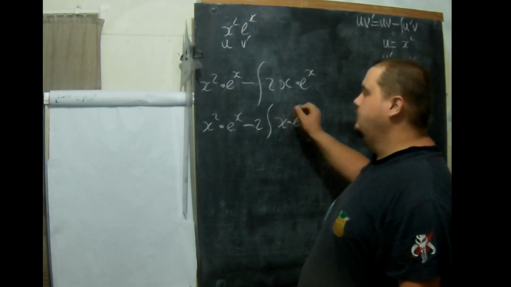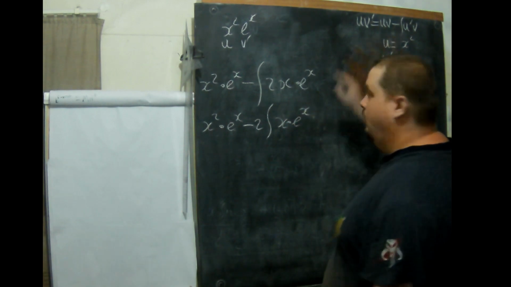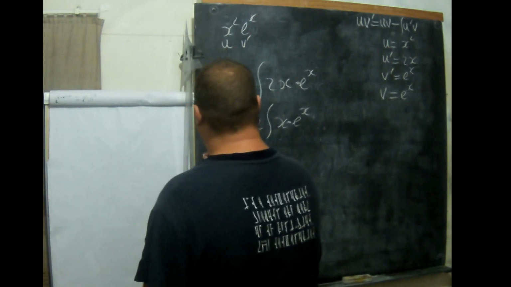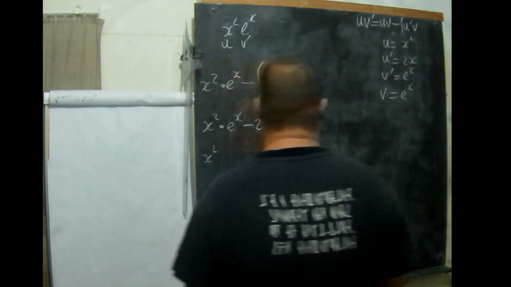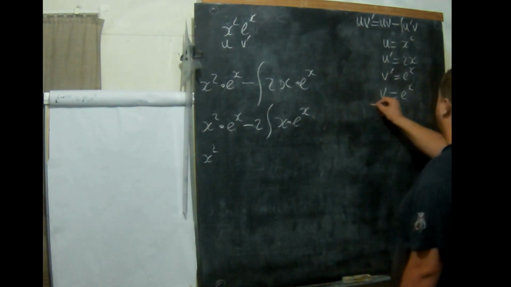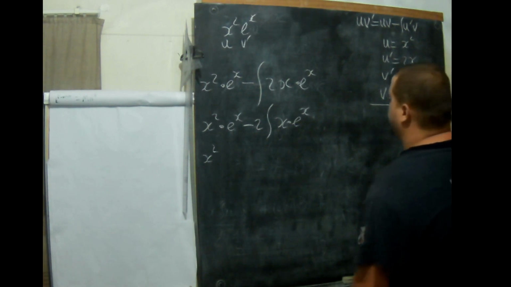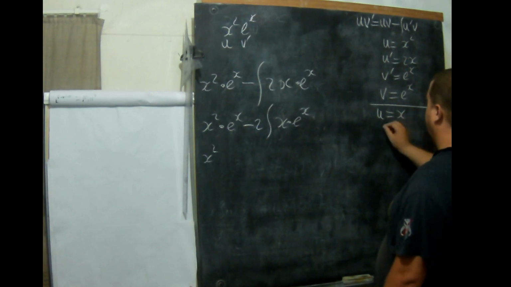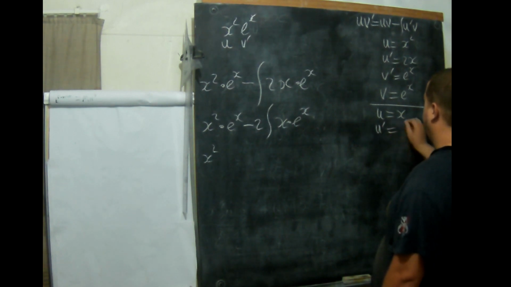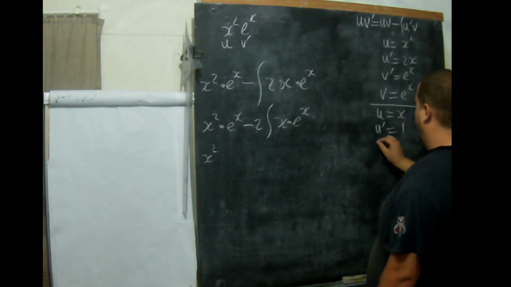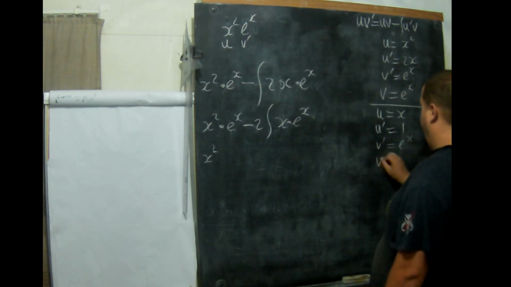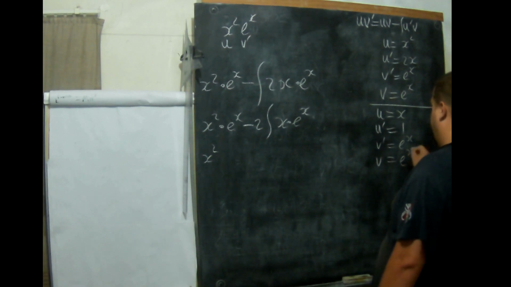So we need to do our formula all over again. But first, let's go here. This will be u equals x, u prime equals 1, v prime equals e to the x, and v equals e to the x.